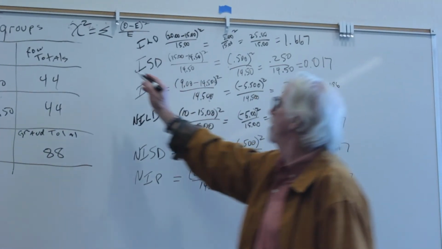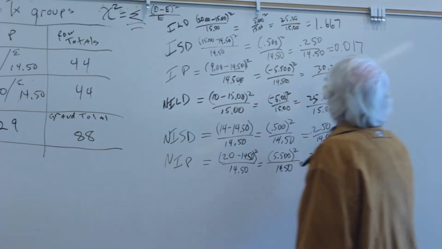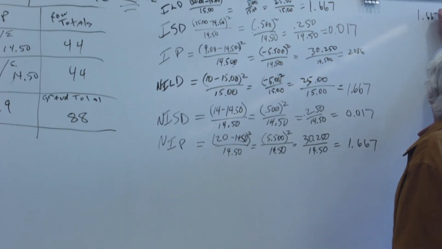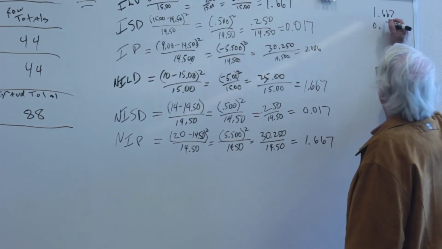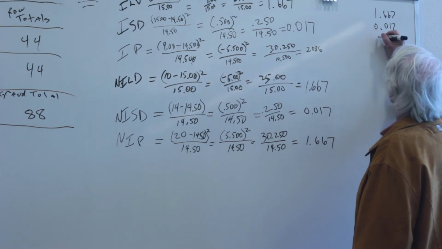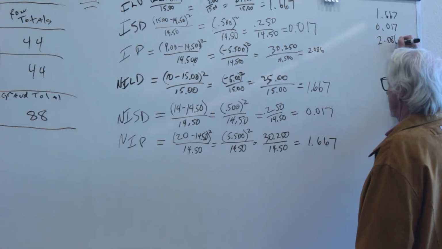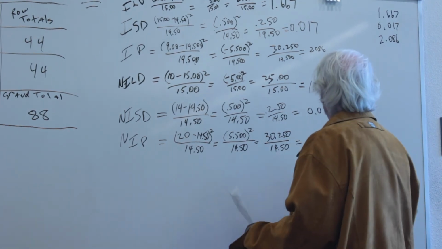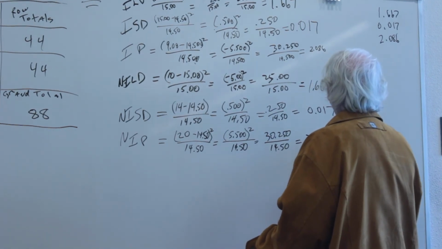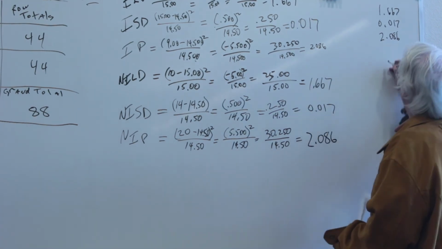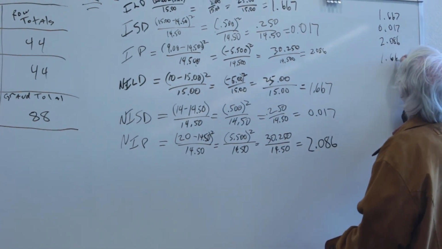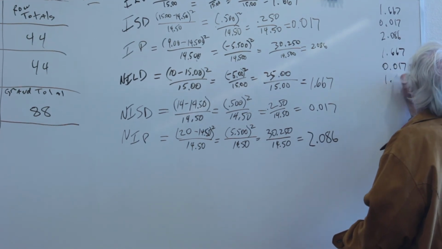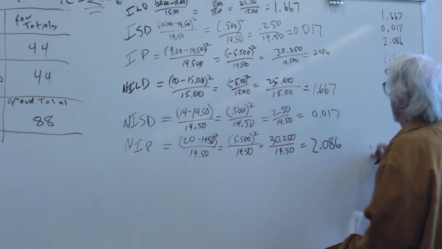And now my only goal is to sum them up. So basically I have 1.667 plus 0.017 plus 2.086. And then something's wrong here. Oh, here we go. Plus 1.667 plus 0.017 and 1.667.